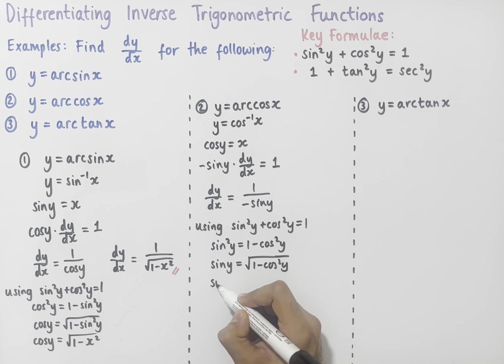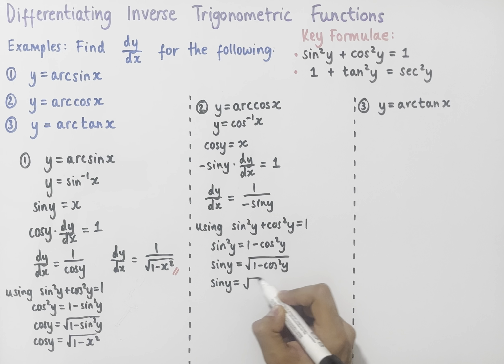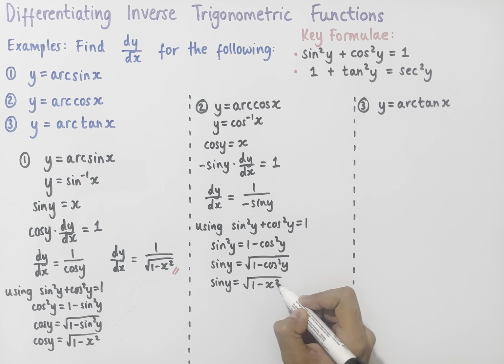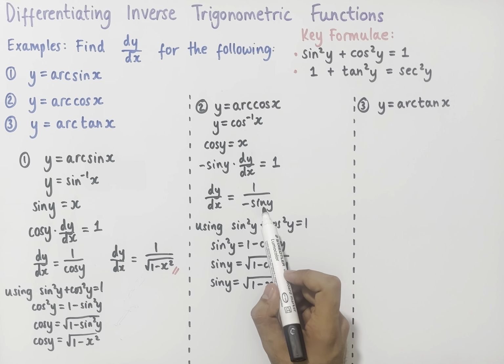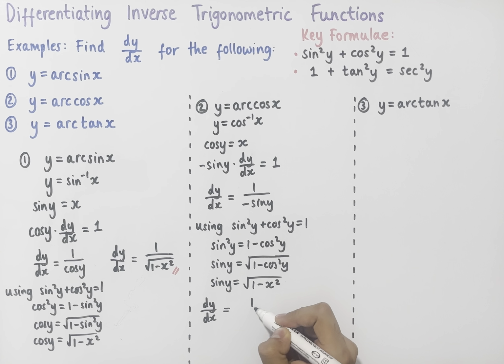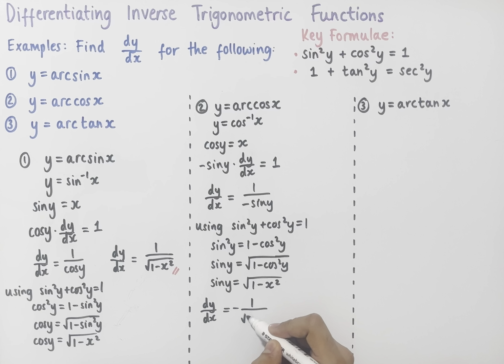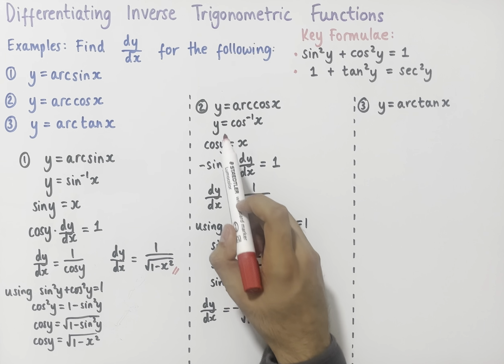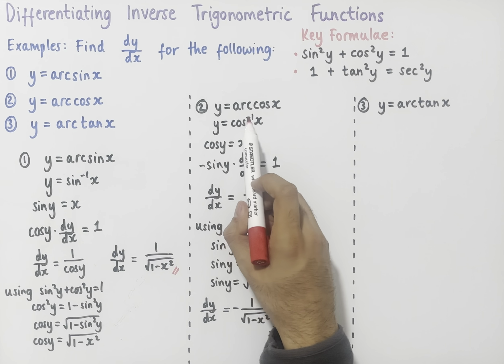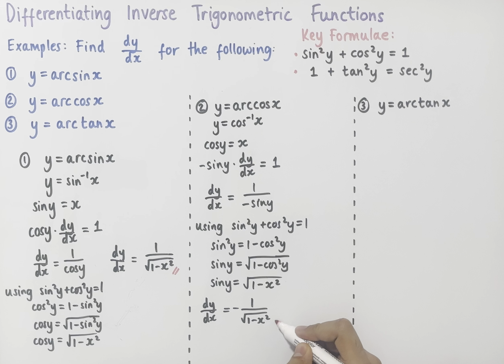And so we get that sine y equals the square root of 1 minus x squared. And so if we replace sine y with the square root of 1 minus x squared, then we get that dy over dx equals 1 over, and now we have the minus sign here, and then the square root of 1 minus x squared substituted for sine y. So if we differentiate y equals arccos x, then we get dy over dx equals minus 1 over the square root of 1 minus x squared.